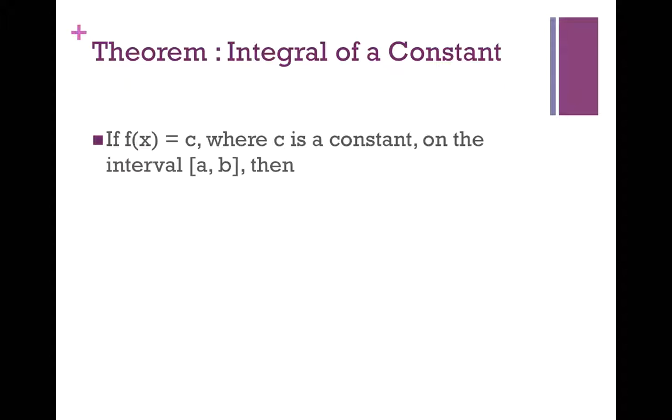I'm going to give us one little theorem here before we look at a couple of examples. The first one is if you have a constant function on the interval from a to b, a constant function looks like this, where this is y equals c, or f of x equals c, and I try to find the integral from a to b. You will understand that this is a rectangle, and the height here is c, and the base of that rectangle is b minus a.